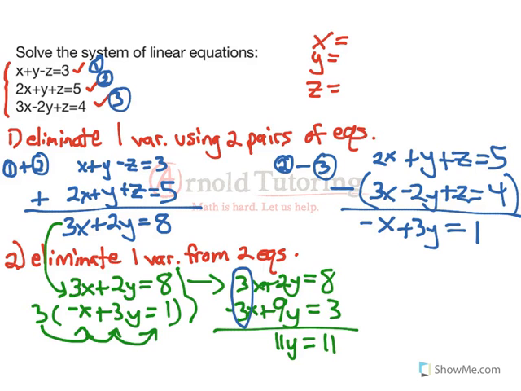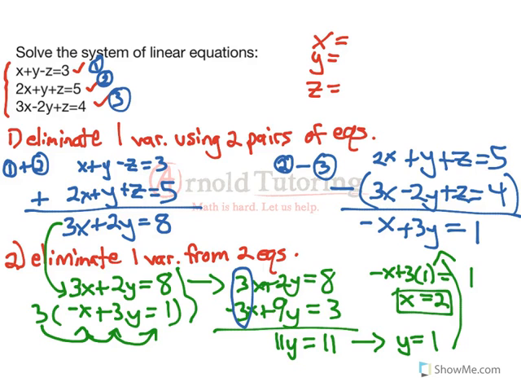So now we're down to one equation, one unknown, and we all know how to solve this, so this becomes y equals 1. Then you just work backwards and toss y back in. One level up, I'm going to put it in there. y is 1, so negative x plus 3 times 1 equals 1. So we get x equals 2. That's just doing quick algebra.